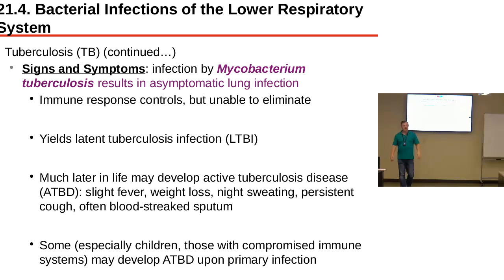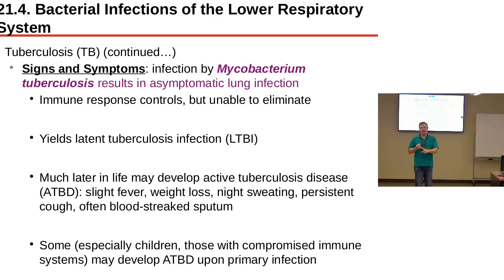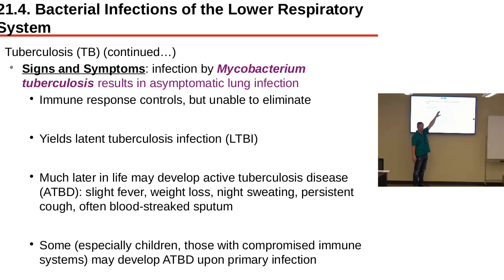Now, through a series of different events, whether it be HIV switches to AIDS or some sort of other immunocompromising feature that happens in your life, age itself, where we have the weakening of the immune system, any sort of level where the immune system is no longer really controlling it as well as it used to, it'll switch from latent to active.